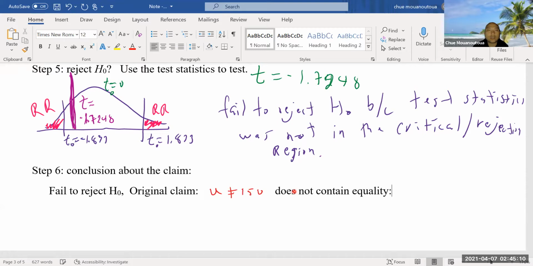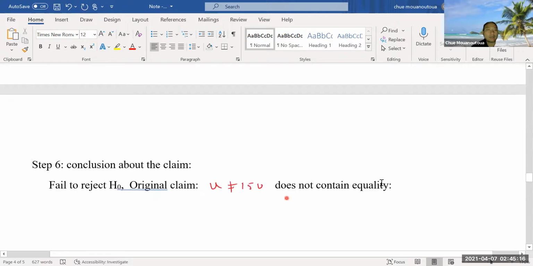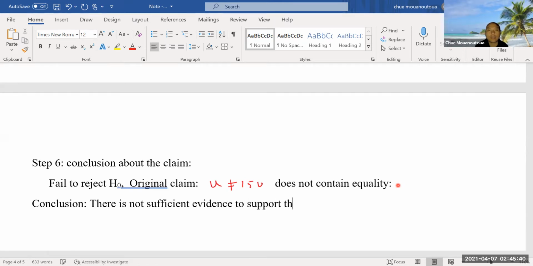So we use table 8.3 in the chart. Based on those two conditions, we can say something like this for the conclusion: there is not sufficient evidence to support the claim.